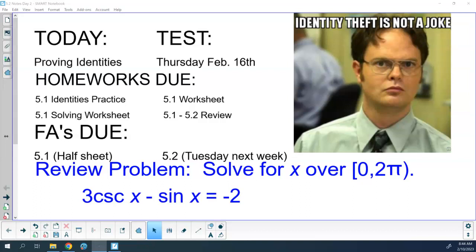Also, next week, Thursday, for everyone, we are going to have 6 things that are going to be due. So you've got 4 gold worksheets. Or right now, I should say, you have 3 gold worksheets. You're going to get a 4th one at the end of class today.